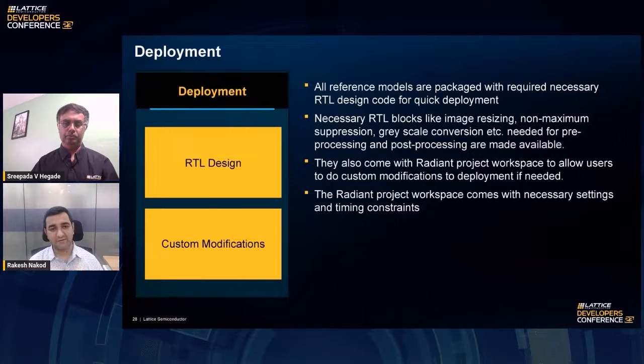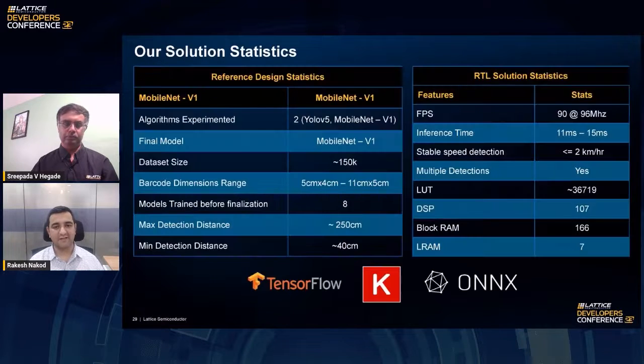These reference designs also come with the Radiant project workspace. So if any user wants to make custom modifications to this pipeline to enable some new cameras or other sensors, they can definitely use this project workspace for modifications.